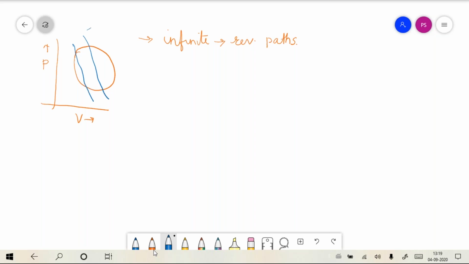At the end points, this reversible path would have two reversible adiabatics, and they are parallel to each other because they do not intersect with each other.